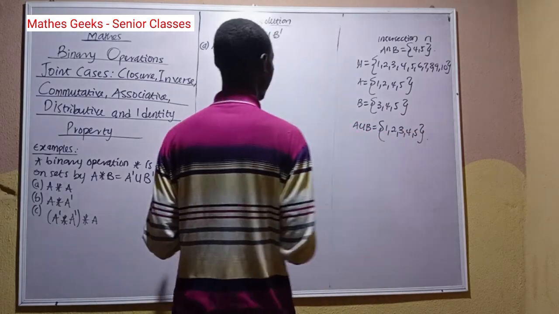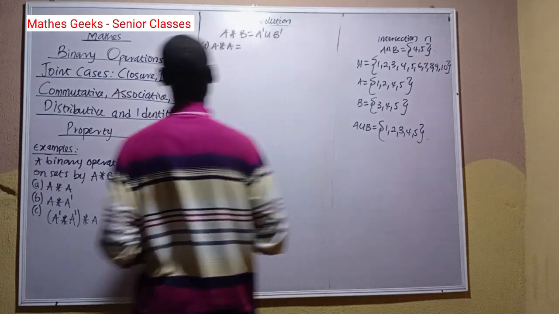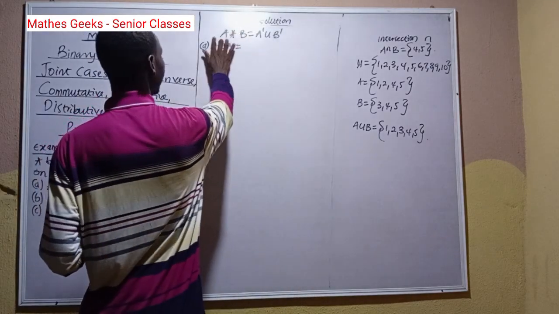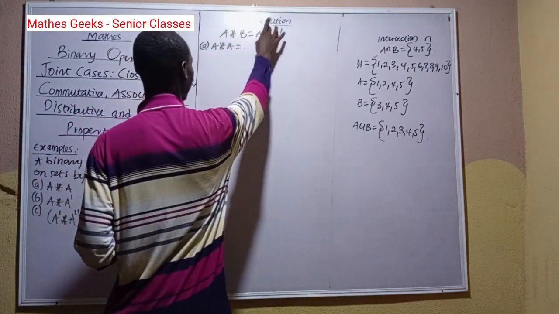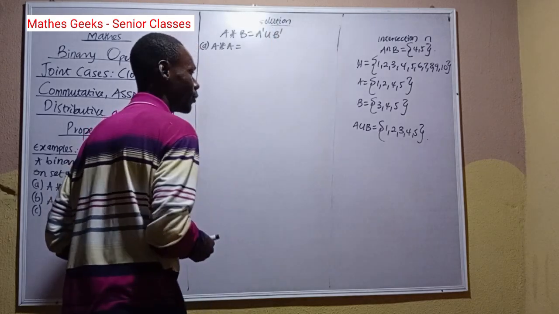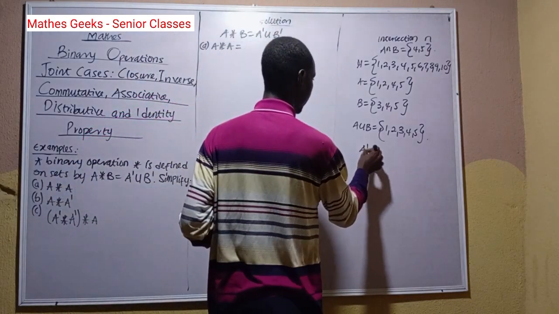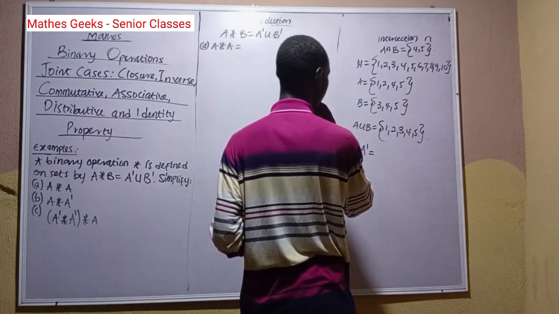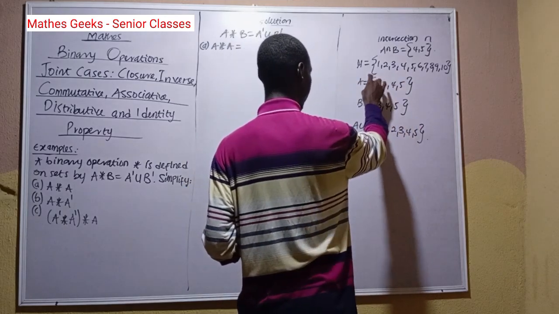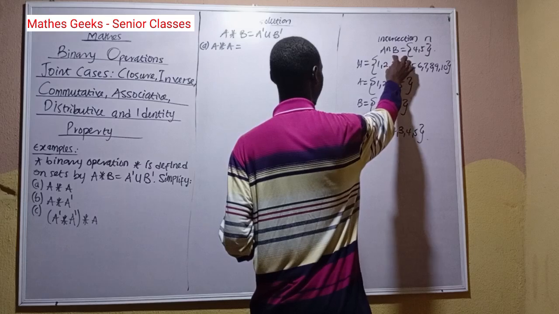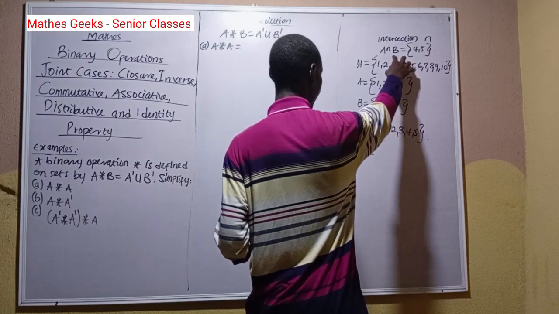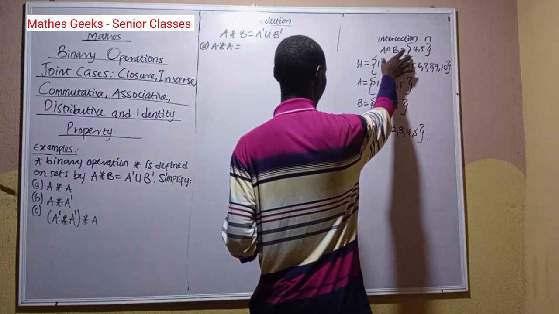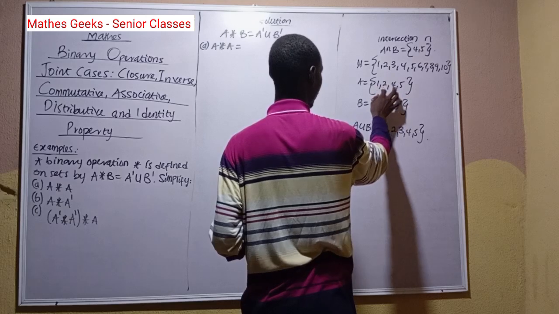Now, when we come to this part here, we're given our operation A star B is equal to A complement union B complement. What's the complement of a set? The complement of a set simply means, for instance, complement of A means the elements in the universal set that are not in set A. The elements in set A itself here are 1, 2, 4, 5.